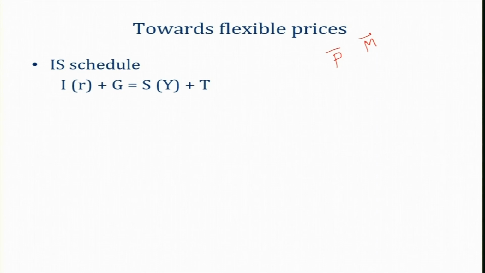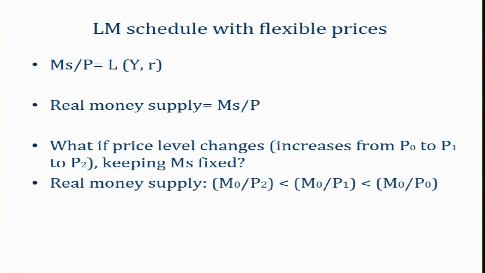In the IS schedule, investment is a function of the rate of interest and saving is a function of Y. In the LM schedule also, we assume that price and money supply remain constant. So, the demand for money is a function of income and the rate of interest.